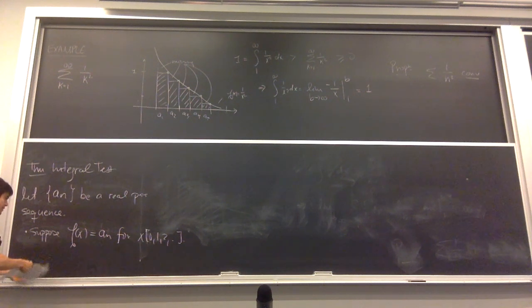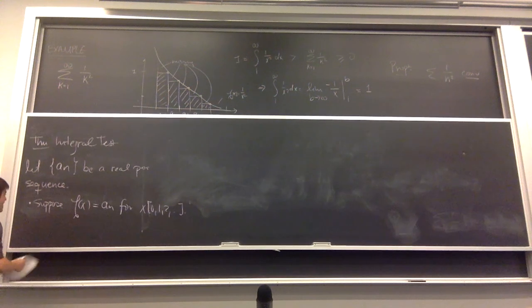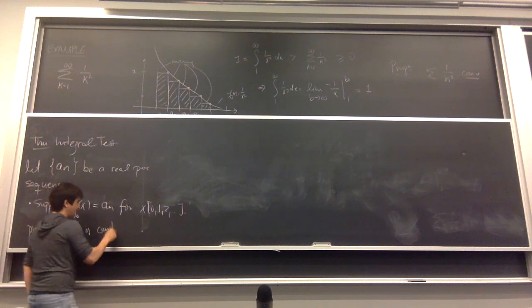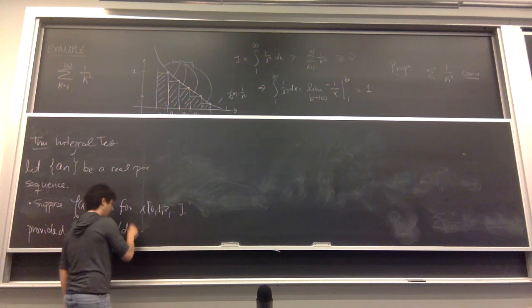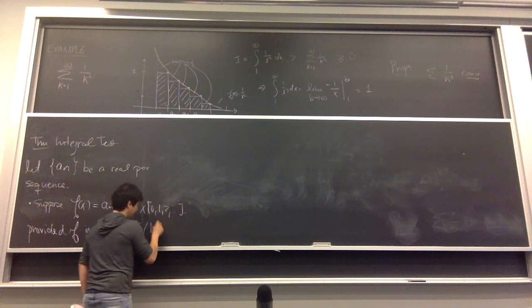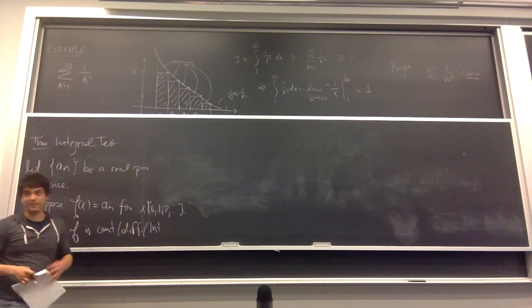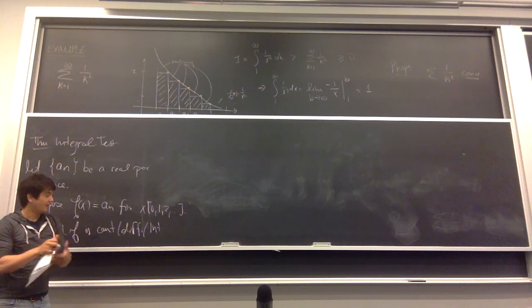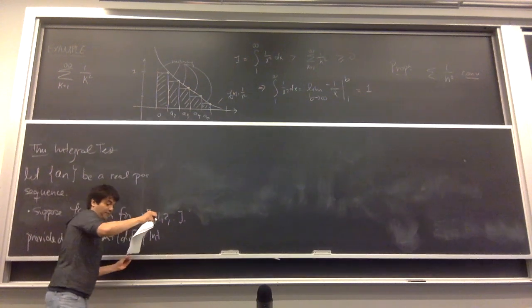Then, provided f is continuous, differentiable, and integrable, it'd be pretty silly for us to pick an integral that we can't integrate for this purpose, so make sure to choose one that you can integrate.